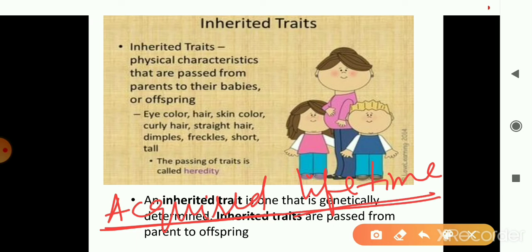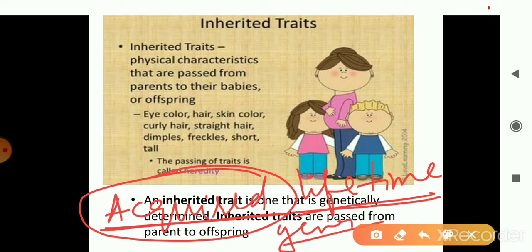For example, being a good dancer or a singer or painting, or development of muscles. These are all acquired traits, and these traits are not controlled by genes. So they are not passed from one generation to the other.